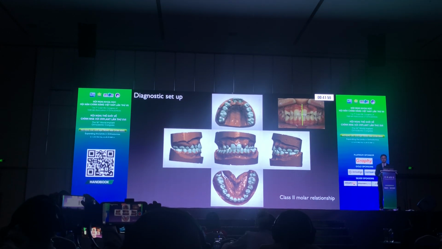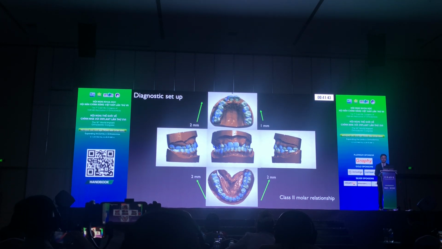So definitely we try to reduce the number of implants, and we plan a single implant for the upper lateral incisor, and maybe a build-up on the peg lateral. At the same time, we need distalization on the mandible, which is also very helpful to correct the midline deviation.